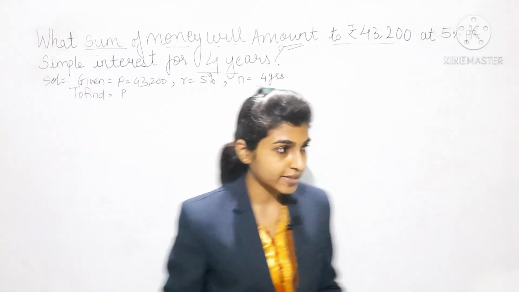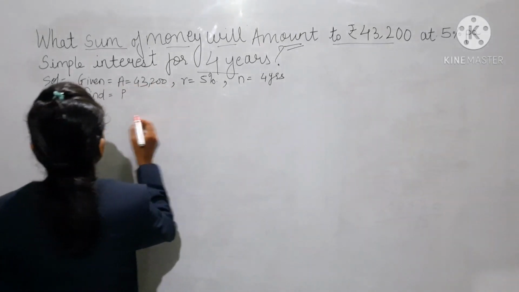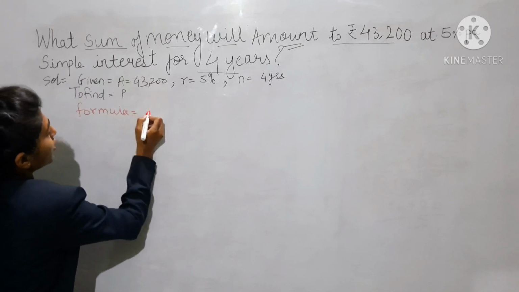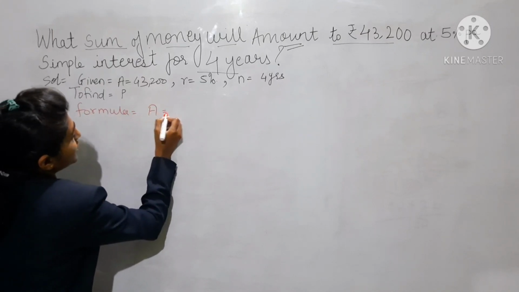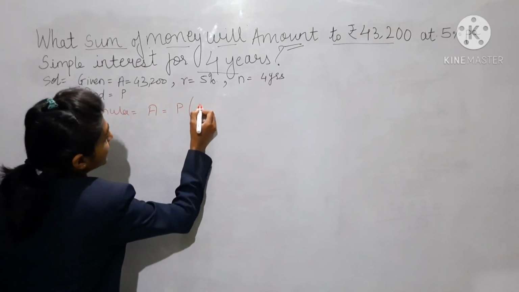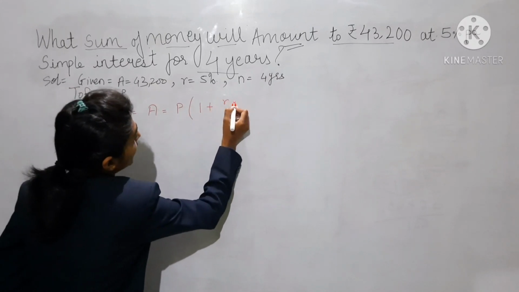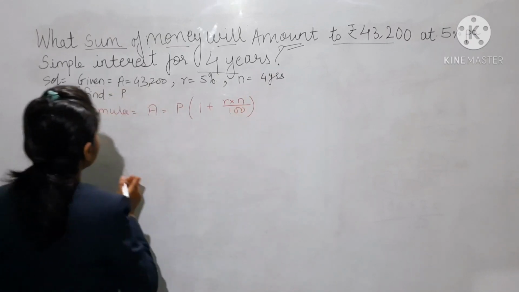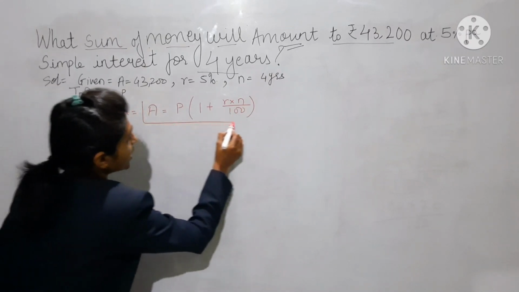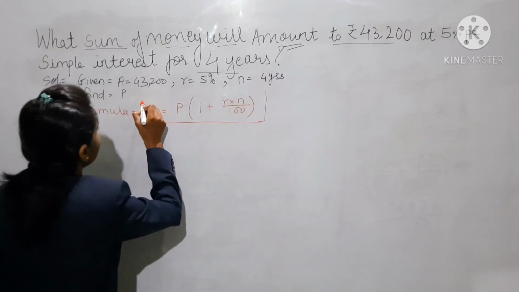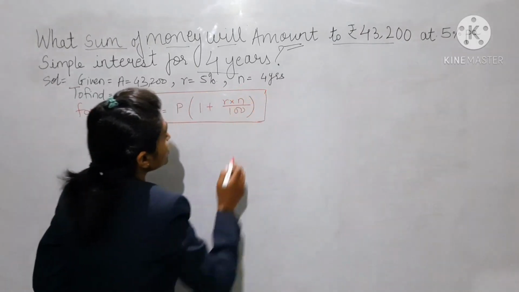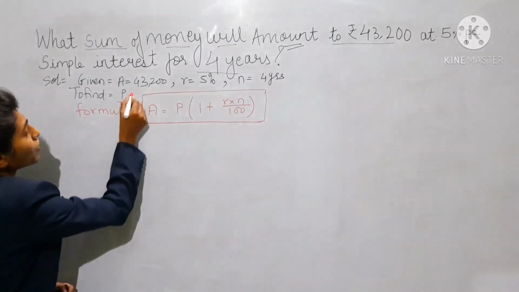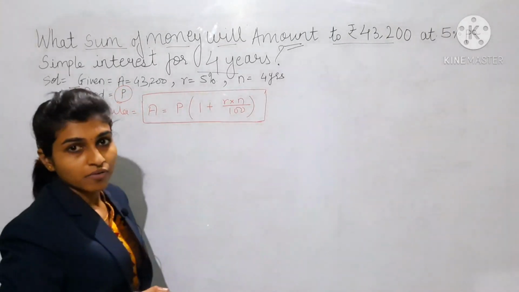The formula is A is equal to P bracket 1 plus R into N divided by 100 bracket close. This is the formula to find the principal, and by this formula we are going to find the principal value.